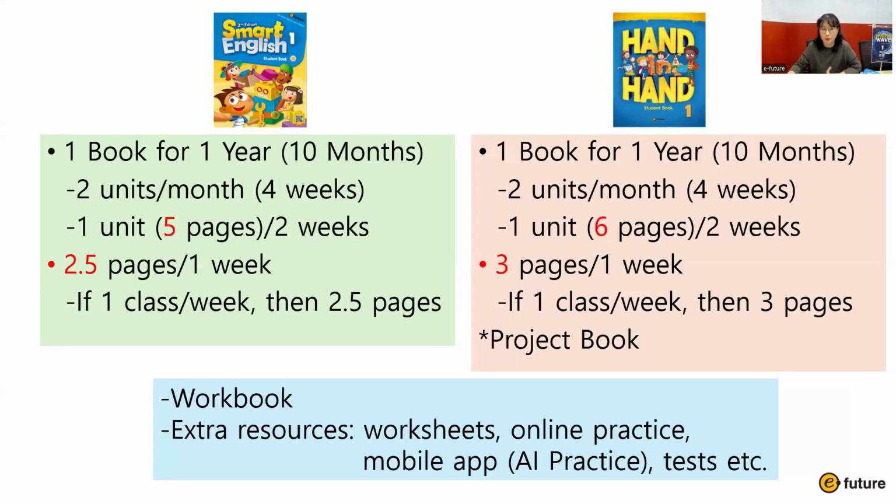Remember, this is just an example. And so 2 units per month, right? You can do 2 units per month because there are 20 units in Smart English and 10 months. So that means you use 2 units per month.